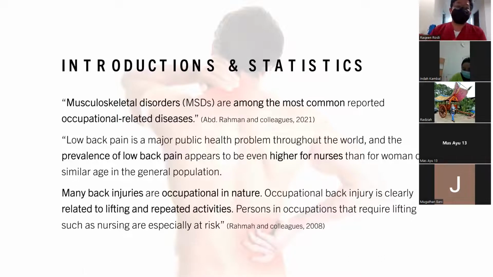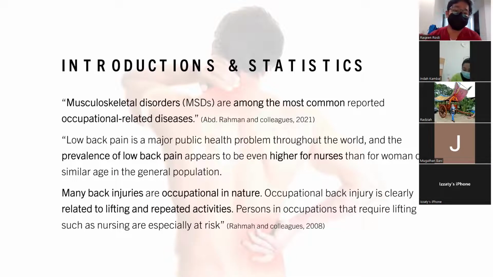Low back pain is a major public health problem throughout the world, and the prevalence of low back pain appears to be even higher for nurses than for women that are in a similar age in the general population.